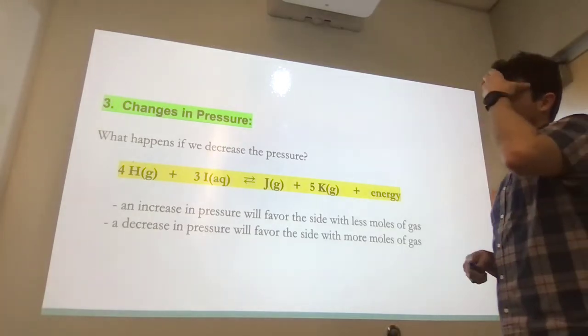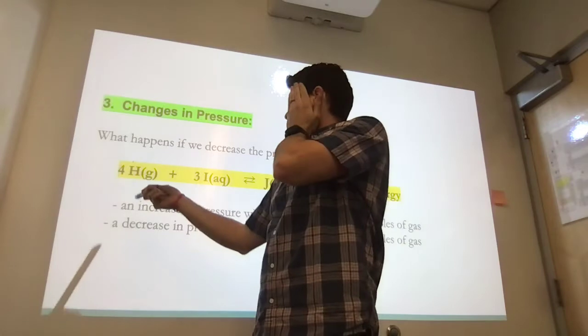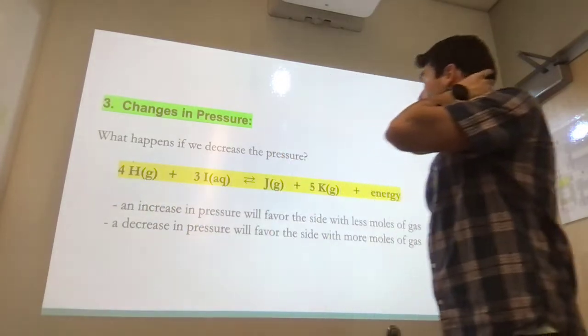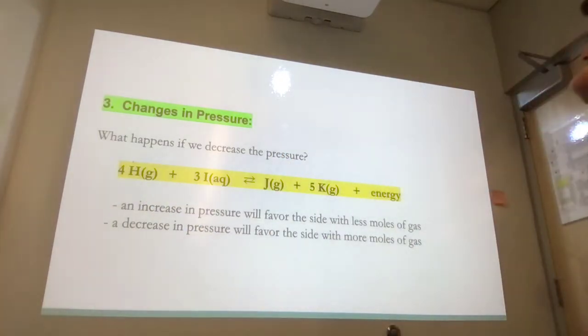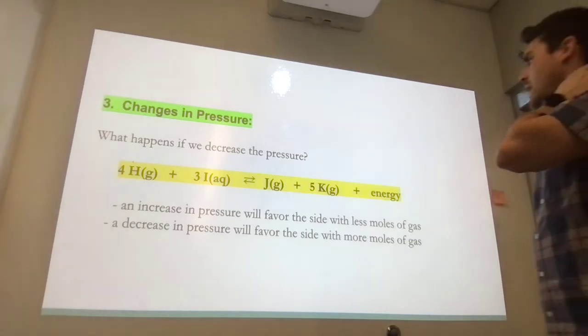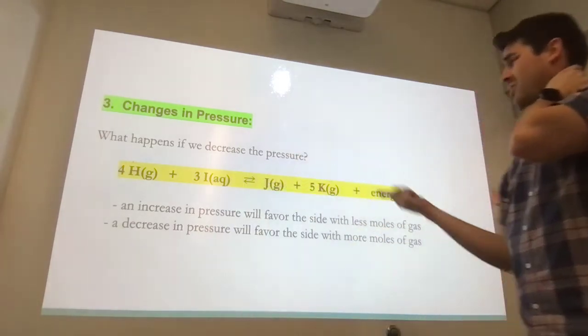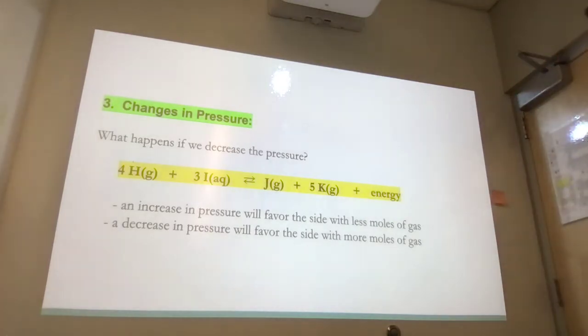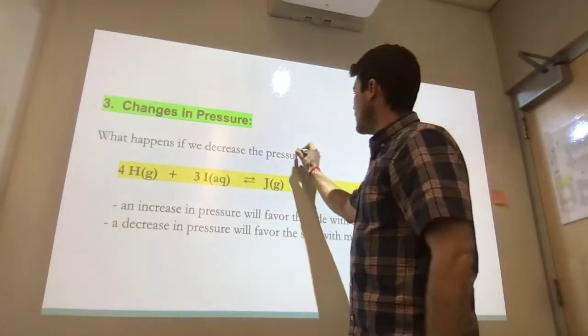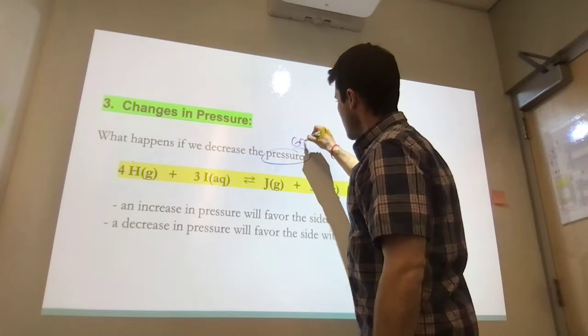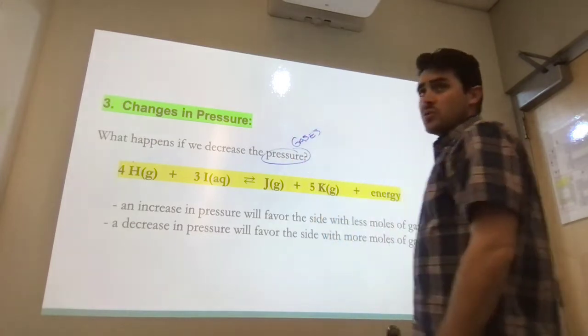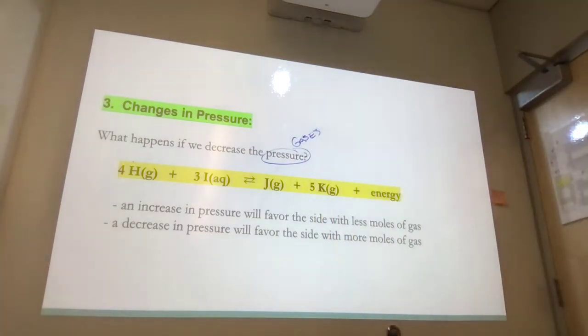So right now I've got 4 moles of gaseous H, I've got a mole of gaseous J, 5 moles of gaseous K, and then this is aqueous. This isn't a gas at all, so that's not really going to do anything with pressure. So when I see pressure, pressure really is dealing with gases. I'm looking at things that are in the gas or vapor states. We're looking here, okay? So what happens if we decrease the pressure?